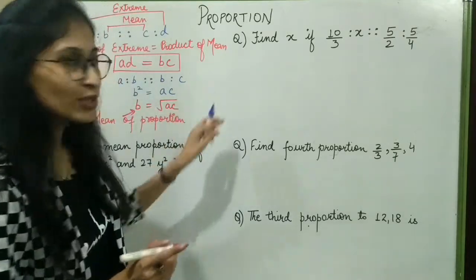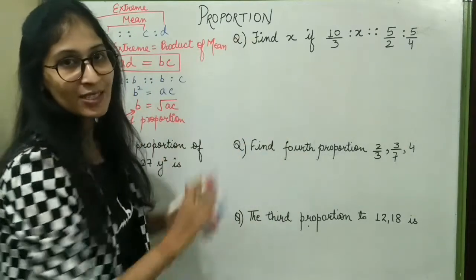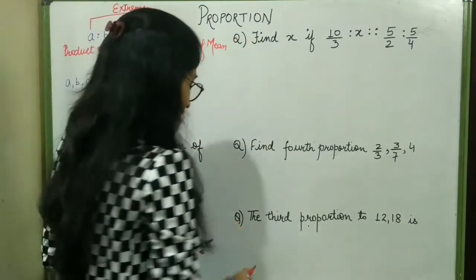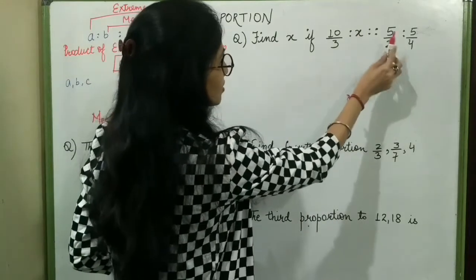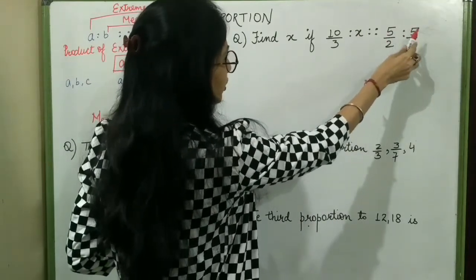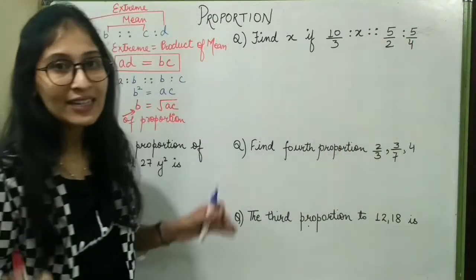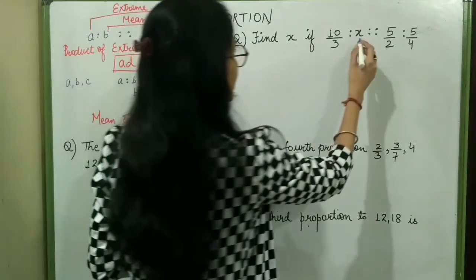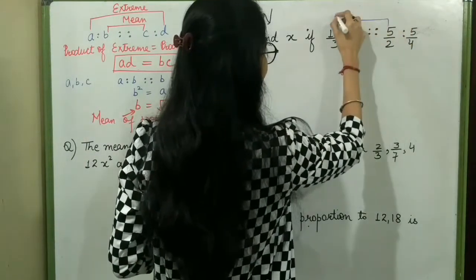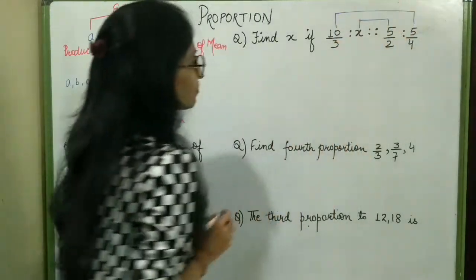Now let's solve some questions to apply these rules. First is find x if 10 upon 3, x ratio 5 upon 2, 5 upon 4 are in proportion. So my basic rule is product of means should be equal to product of extremes.